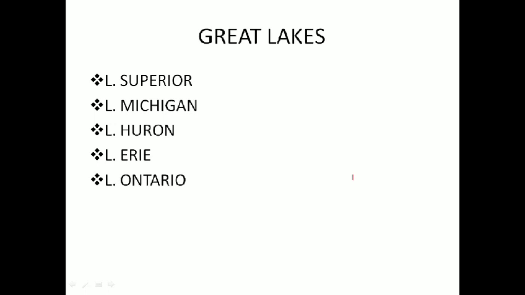Okay, and you can remember like homes, homes. Otherwise, if you want to remember serially from west towards east, then SMHEO. If you want to remember any way you like, then HOMES, homes. Okay, this is one way to remember.